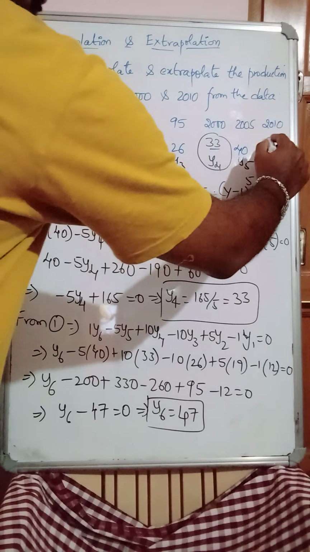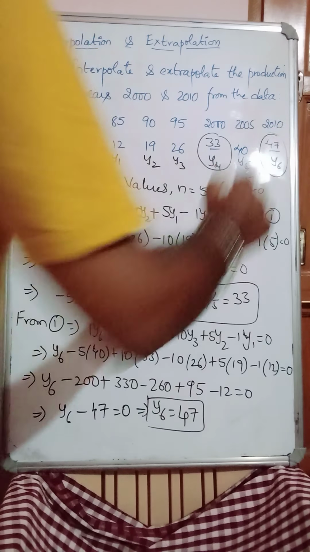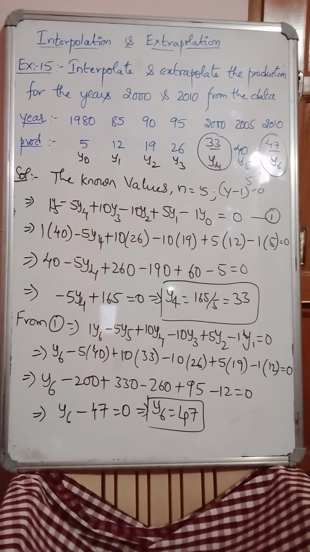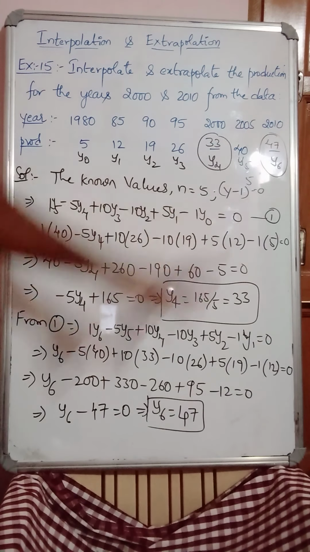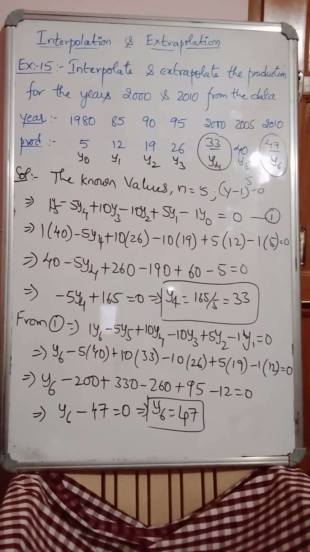The next missing value is 47, the extrapolating value. Am I clear, guys? See, there is a sort of uniformity, increasing order. This is how the binomial expansion method estimates the values within and outside, interpolating as well as extrapolating. This is how we have to calculate using the binomial expansion method.